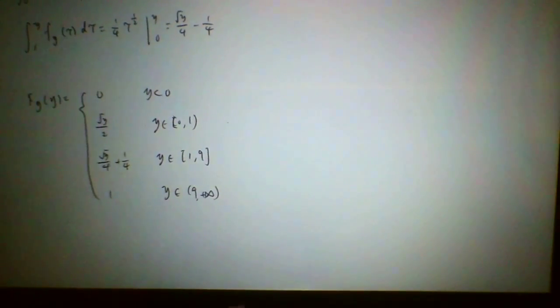I hate to do calculations. Okay, and the graph. This is 9. It's just one color.